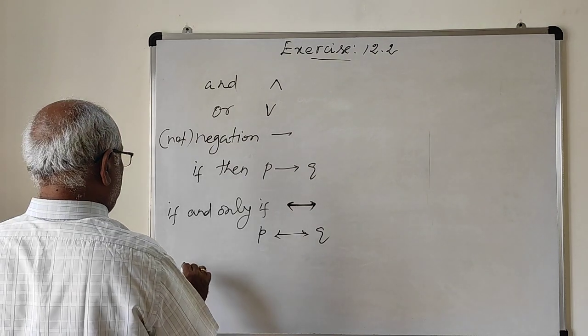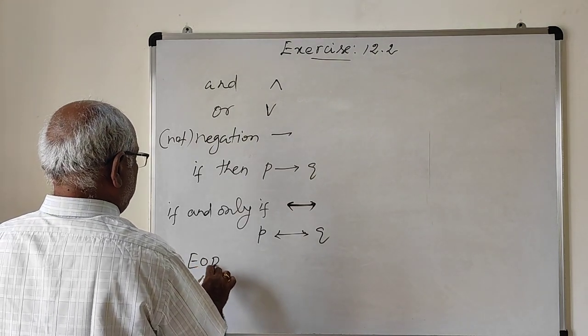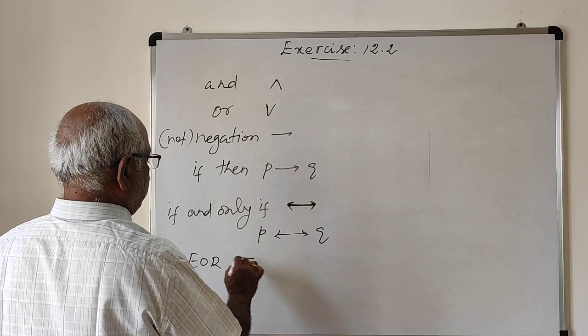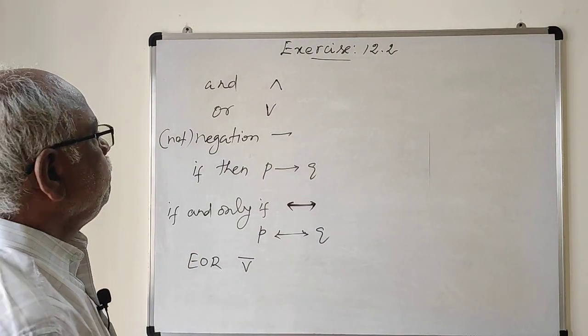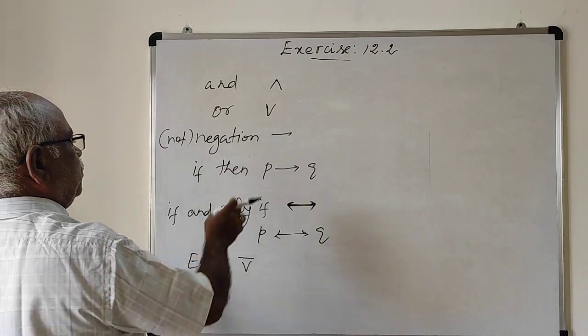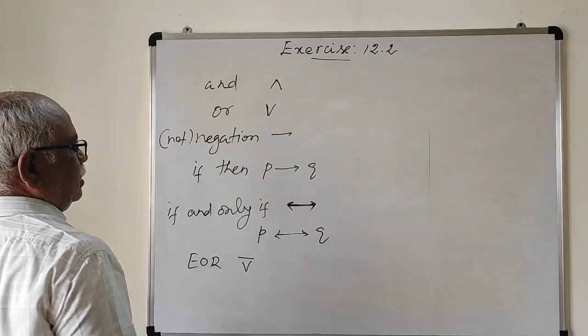And EOR, exclusive OR, means disjunction with an over bar. These are the symbols you remember. For replacing the statement by variables, you use these symbols.